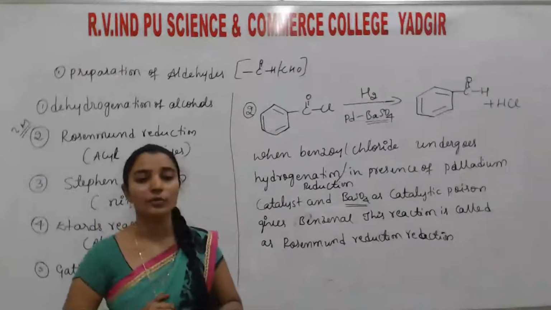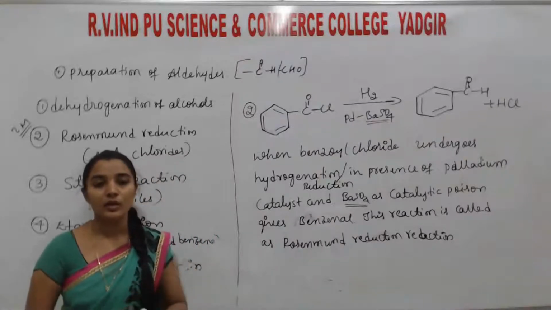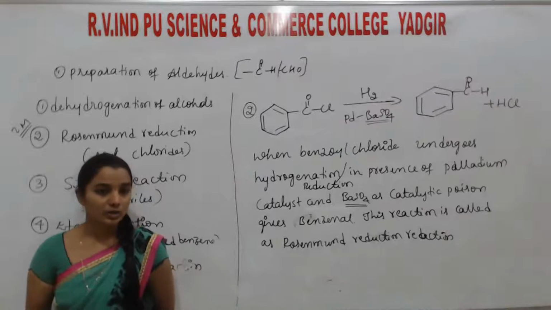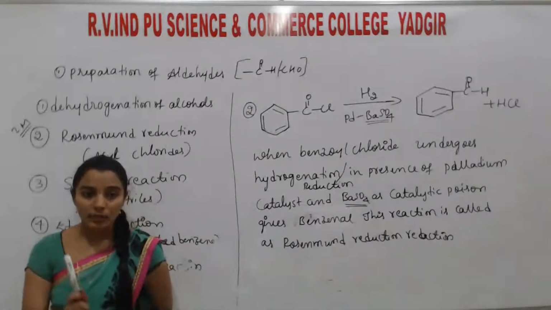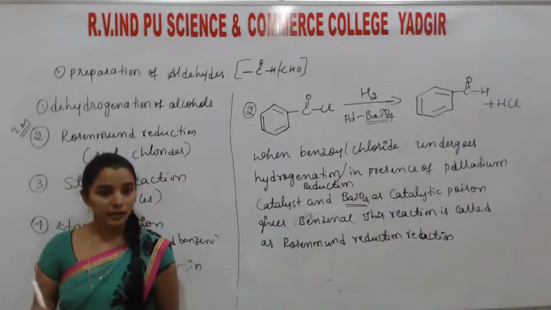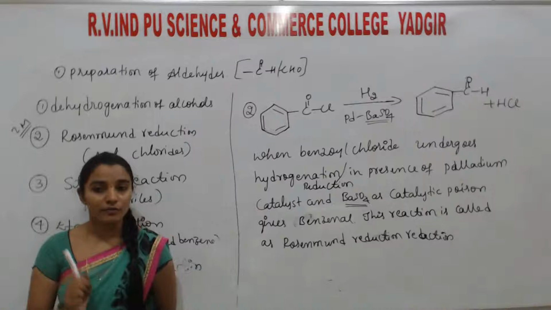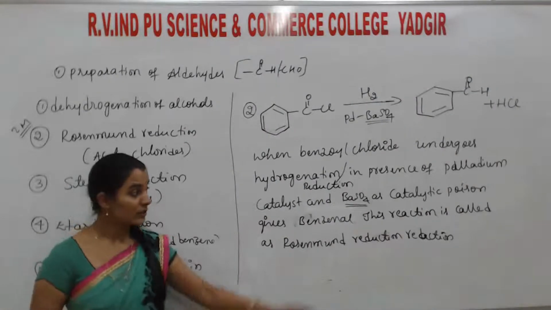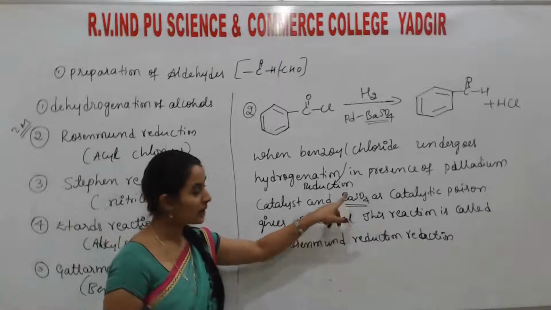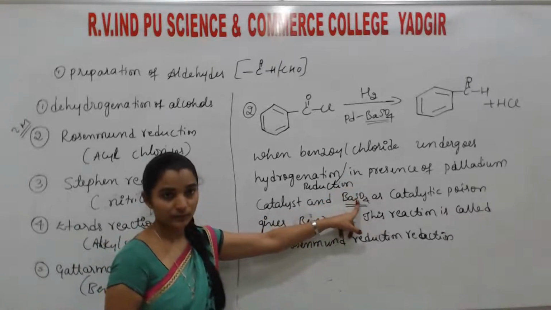But the thing you have to remember is, in the exam they won't ask directly for BaSO4. They ask: sulfur compound, halogen compound, oxygen compound, like that. Which one acts as a catalytic poison? Mainly sulfur compounds. Sulfur compounds always act as catalytic poisons. So this BaSO4 acts as a catalytic poison because sulfur is present.